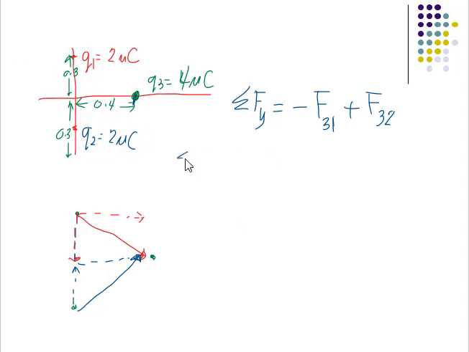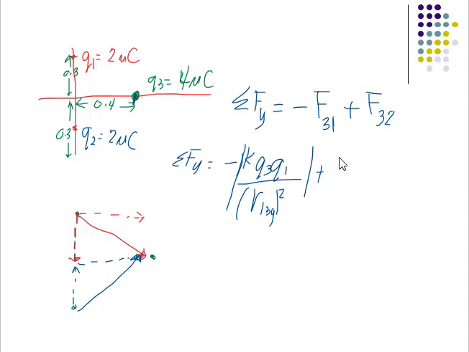So here we now have the summation of forces along Y. We have negative K, the absolute value of Q3 and Q1, divided by the distance between 1 and 3 along Y squared. Then we have plus K Q3 Q2 divided by the distance between 3 and 2 along Y squared. We get the absolute value of that. And then substituting the given, we have negative 9 times 10 to the 9.